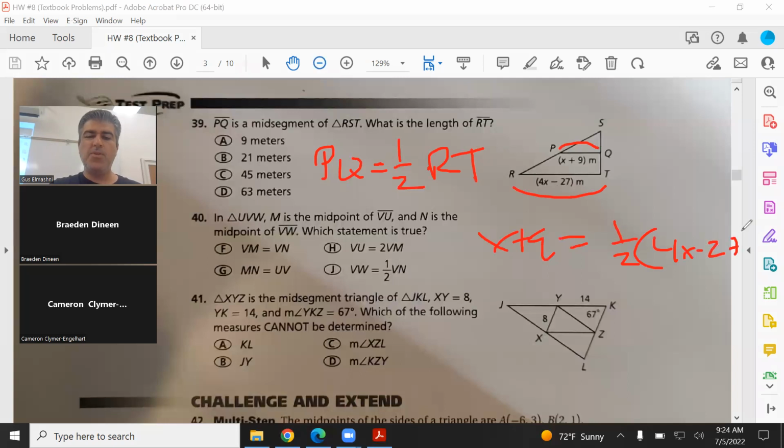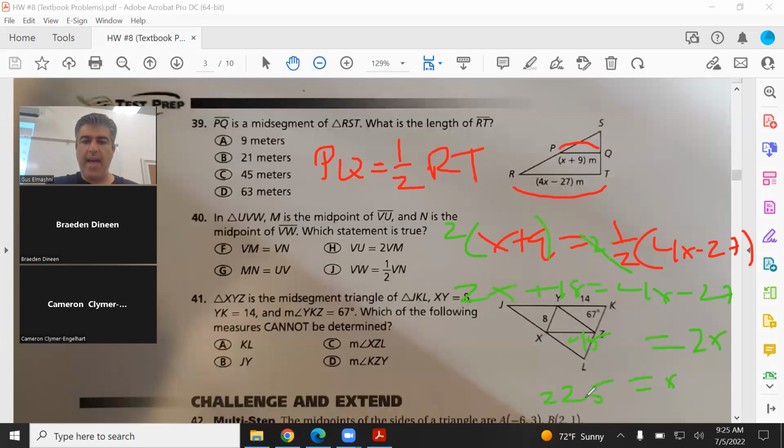Now, you could distribute the 1/2 if you like, or multiply both sides by 2. Up to you. If you multiply both sides by 2, you eliminate fractions instantaneously because those just go away. So you get 2x plus 18 equals 4x minus 27. I know you guys can combine like terms just fine, just be careful. 2x equals 45. X is 22.5.